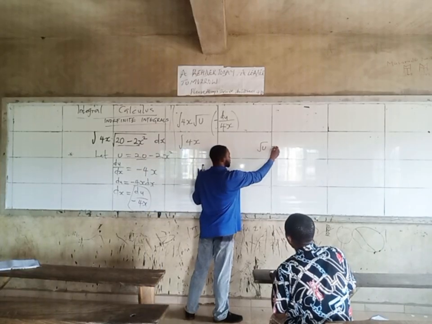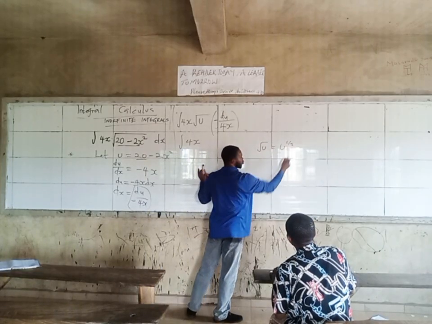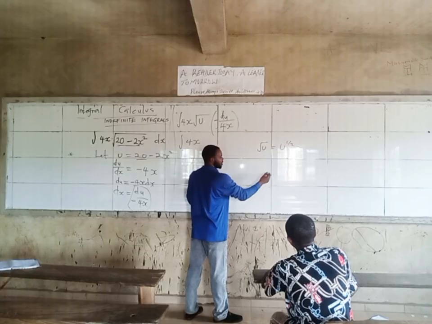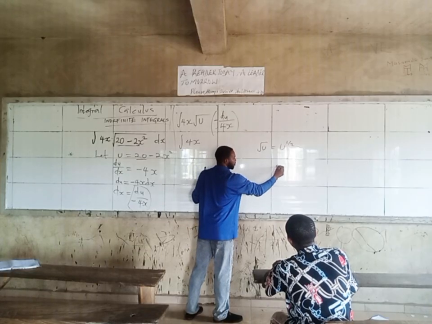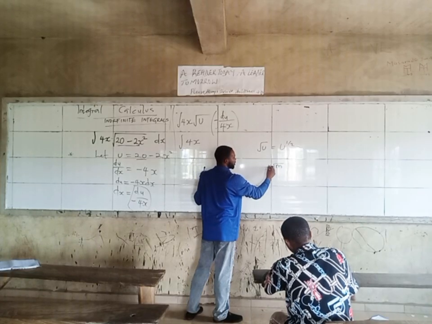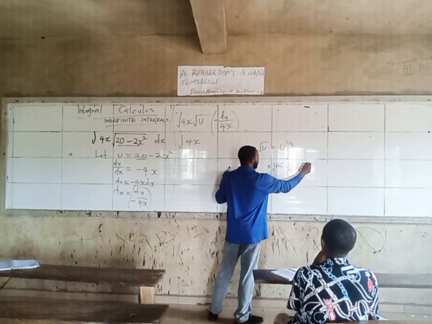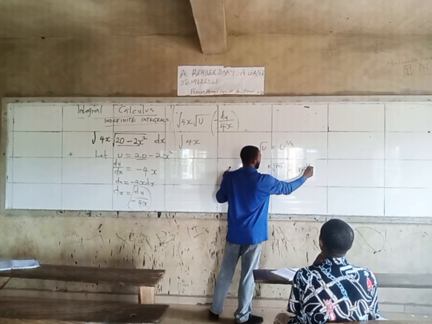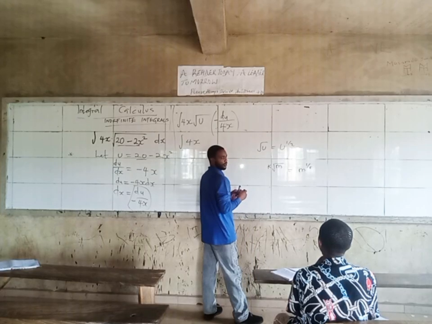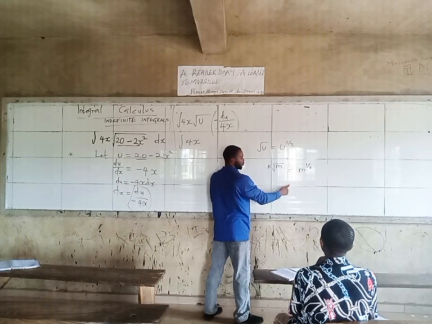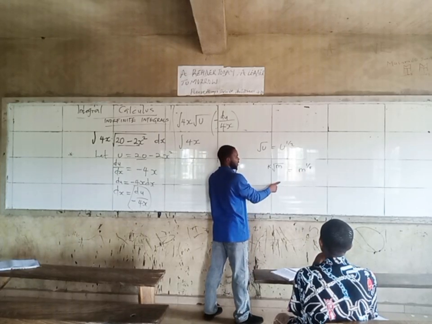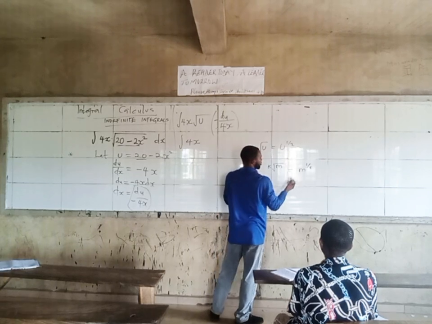Square root of u is the same thing as saying u raised to power 1 over 2. In indices, if I have the k-th root of m, this is the same thing as saying m raised to power 1 over k. So the denominator becomes the root, while the numerator becomes the power.